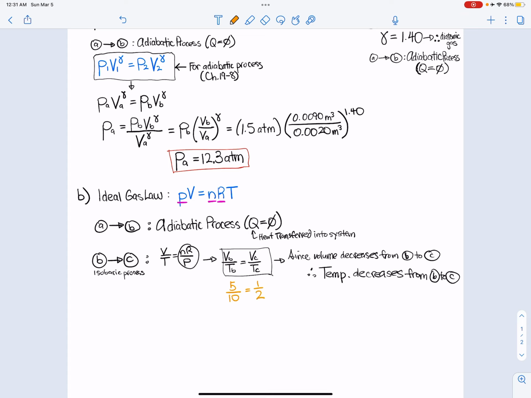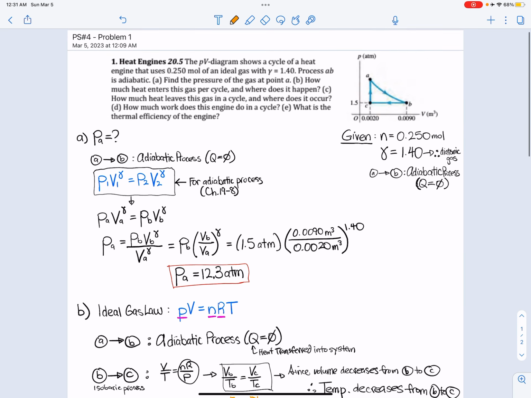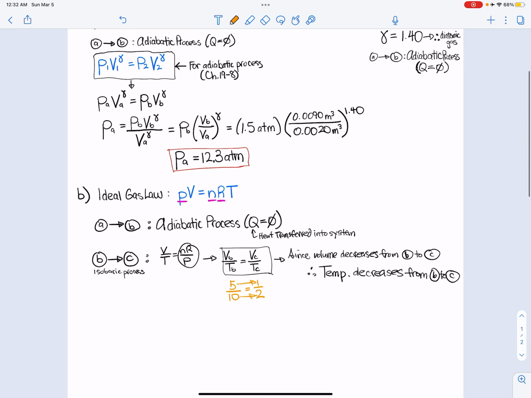And we see that if the volume from B to C decreases, VB to VC decreases, then the value from TB to TC also decreases. And we see here that the volume actually decreases as it moves from state B to state C. So therefore, temperature decreases from state B to state C, okay?